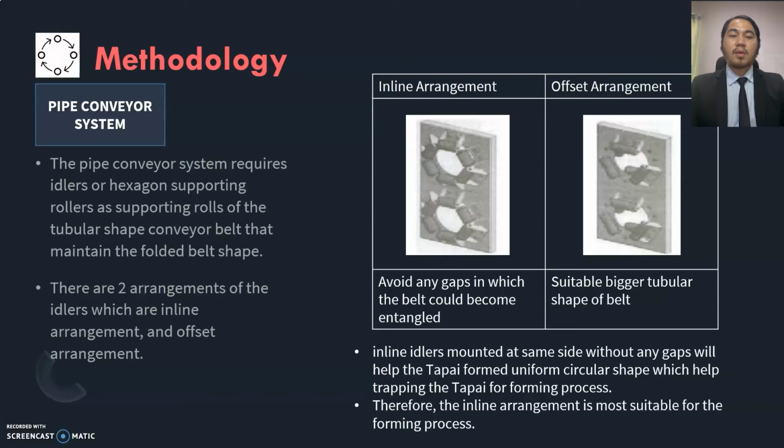Inline idlers mounted on the same side without any gaps will help the Tapai form uniform circular shape, helping trap the Tapai for forming process. Therefore, the inline arrangement is more suitable for the forming process.